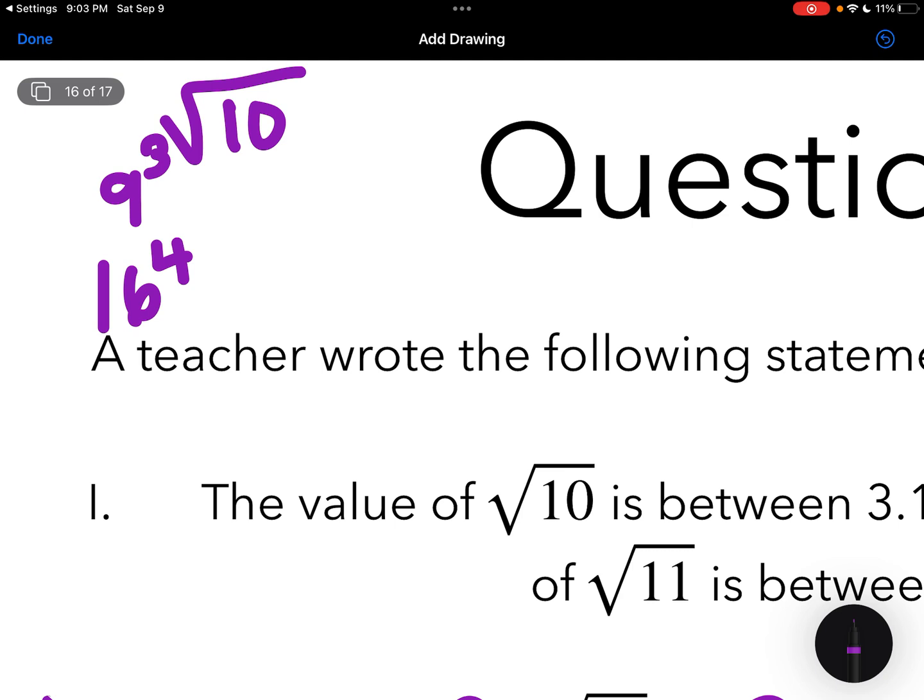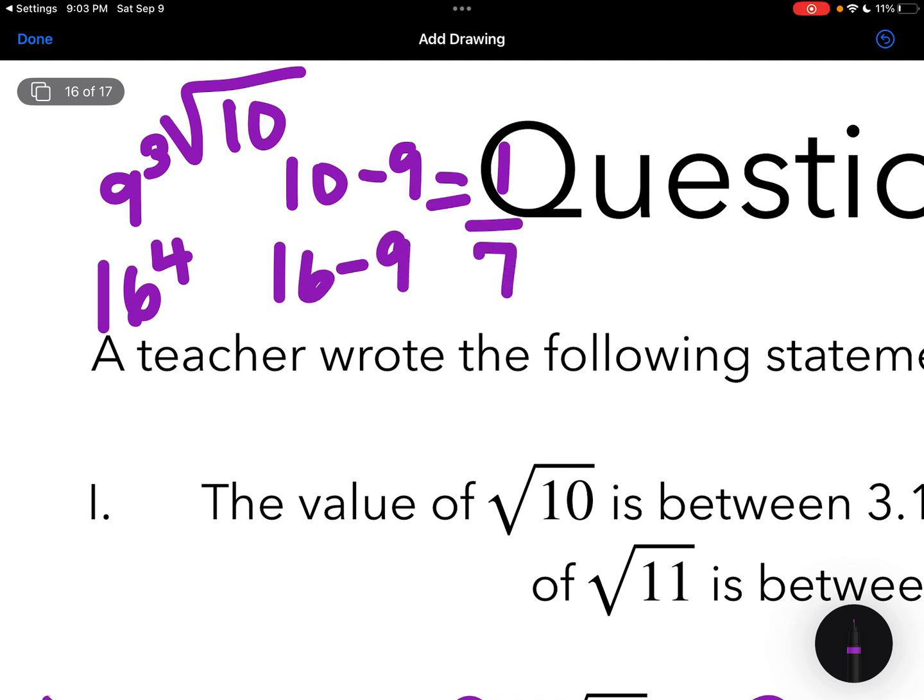So I'm going to do 10 minus 9, which will be 1, and 16 minus 9, which will be 7. 1 divided by 7 is 0.14. And I'll take the smaller of the 2 square roots, so I get 3.1.